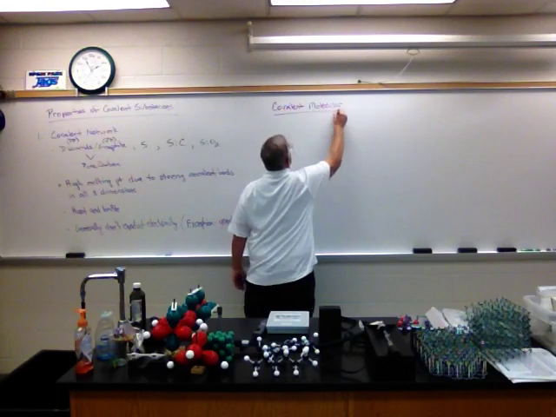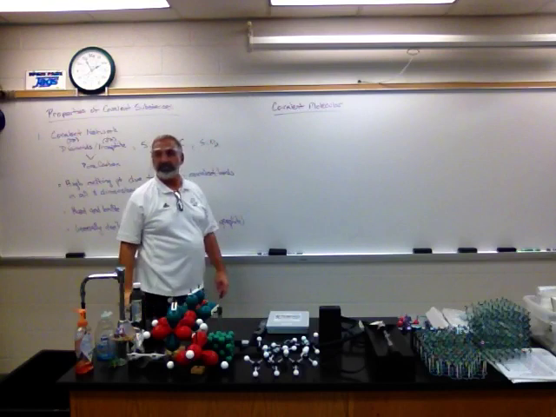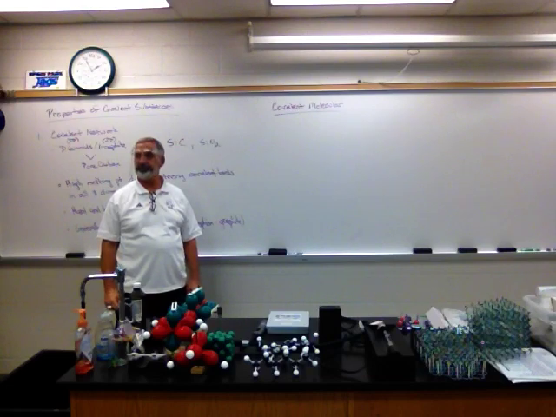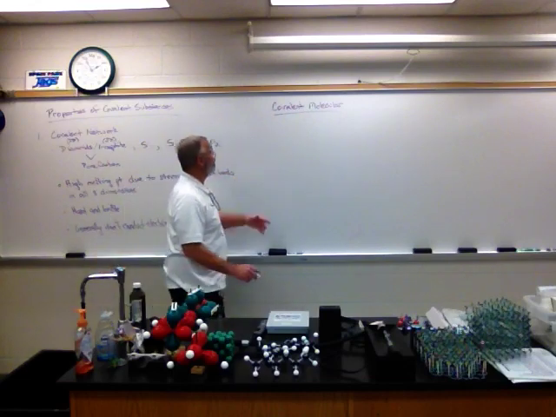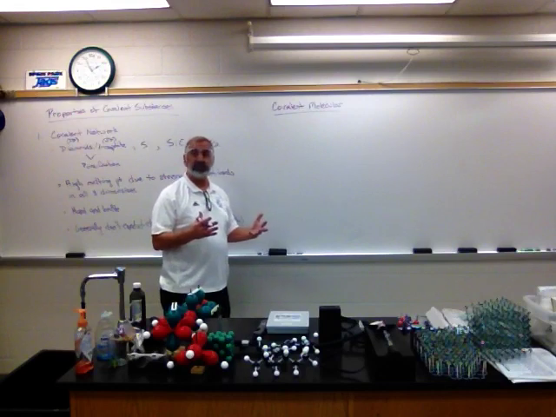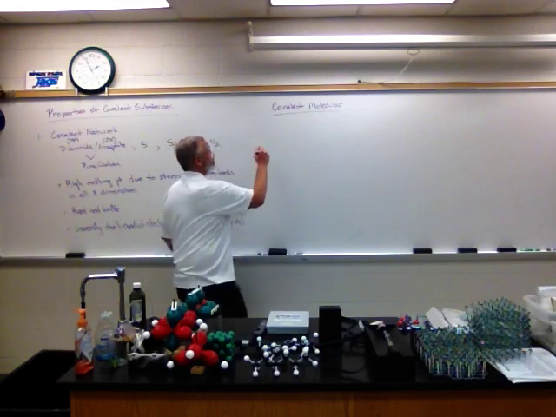And we know how to recognize covalent molecular because it's going to be a molecule, but of what type of elements? Two nonmetals, whereas an ionic is going to be a metal and a nonmetal. Now we have two types of covalent molecular, polar and nonpolar.